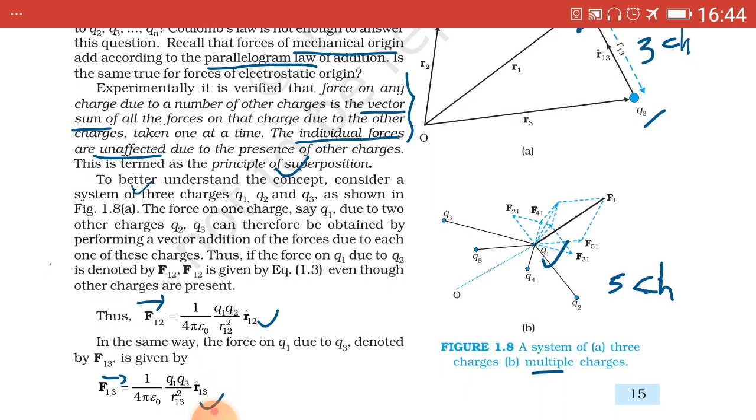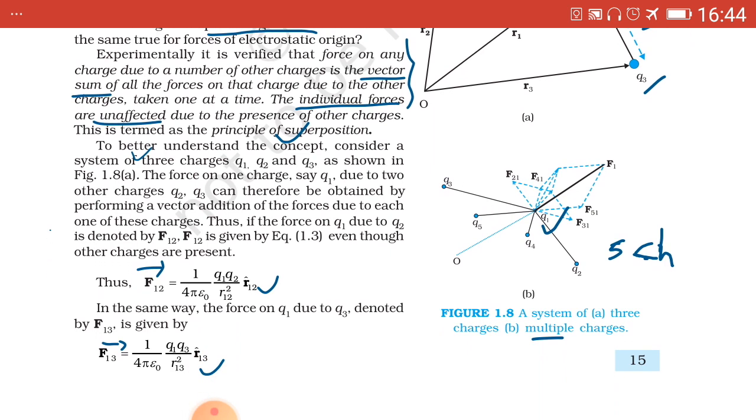This equation we can write from Coulombian force standard expression in scalar form. Similarly, force vector F13 equals k Q1 Q3 upon r13 square into r13 hat. Both the equations are tick marked.